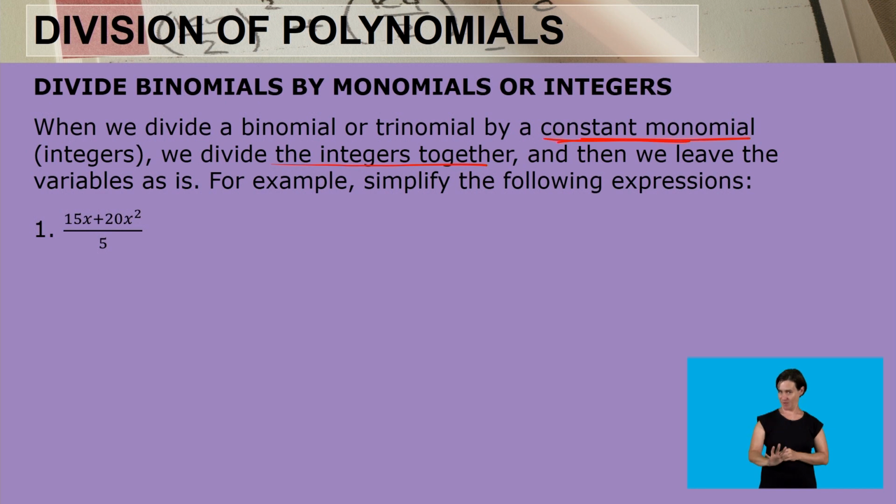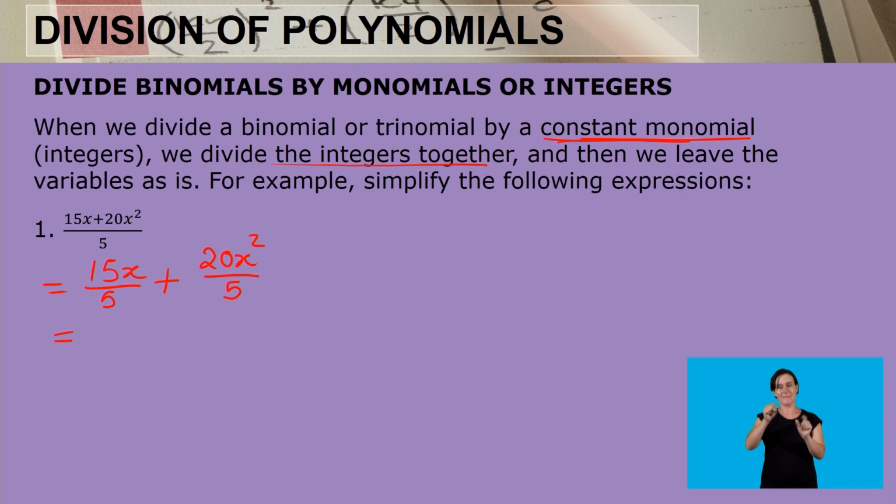Now, because this is a binomial, each of the terms in the binomial must divide by that 5. So that is going to be 15x divided by 5, and also the 20x squared is going to divide by 5. So each of the terms in the binomial must divide by 5.